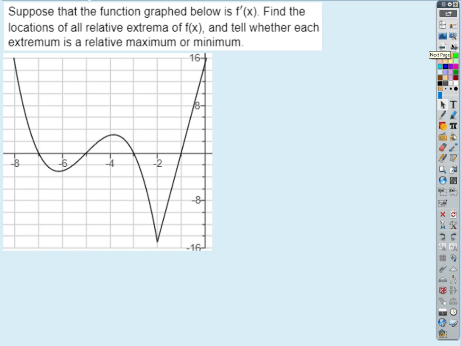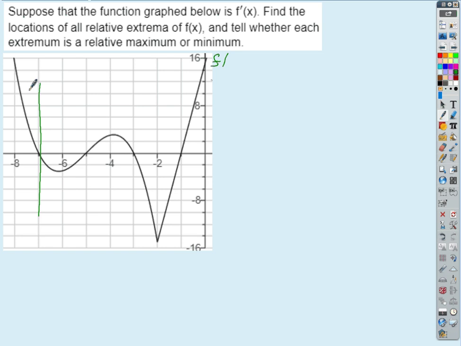With that one, I'm given a graph of the first derivative here, f prime. So what are the locations of relative extrema? Maximum at -7. Okay, good, because this is f prime, right?